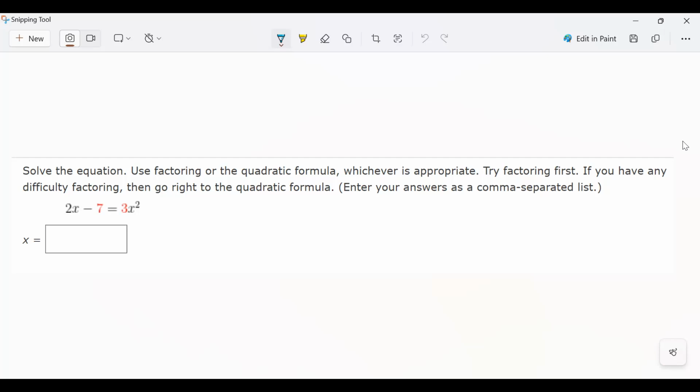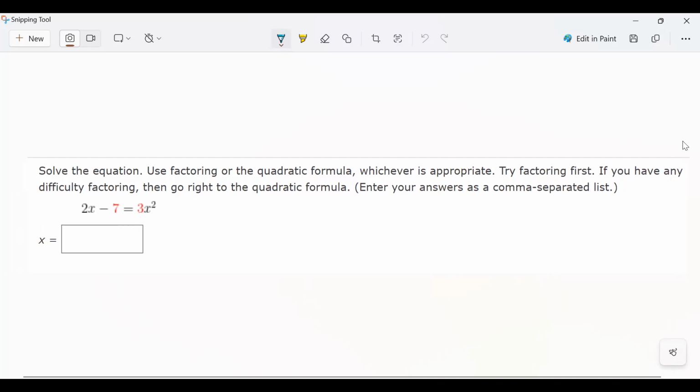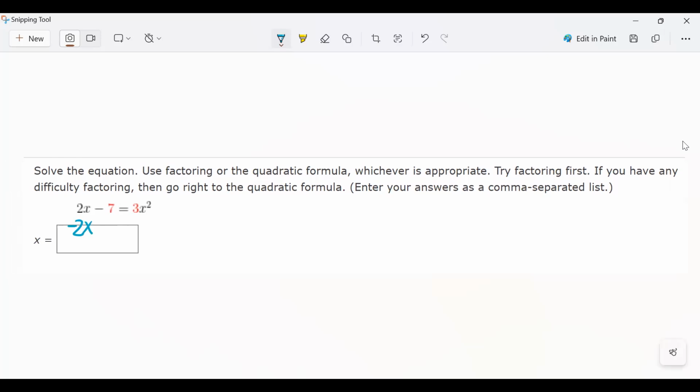All right, let's go over the solution. First step, we move the other two terms to the left-hand side. So you subtract 2x and add 7 on both sides of the equation, and we cancel this. You get 3x squared minus 2x plus 7 equals 0.